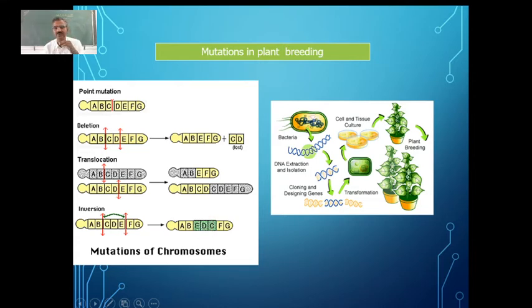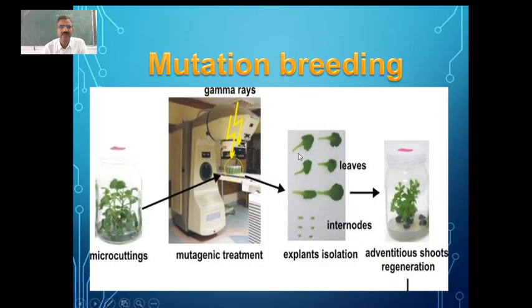And what are the steps involved in this case? We can see the DNA here. They extract the DNA, and that will be exposed to mutagens like gamma rays. Any mutagen can be used, but normally in mutation breeding they go for gamma rays, and these gamma rays bring about the changes.